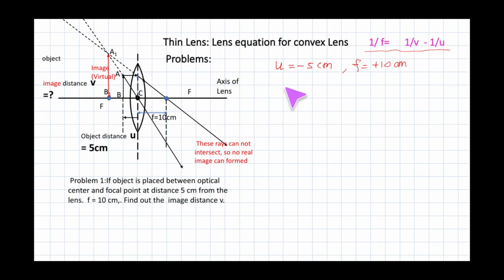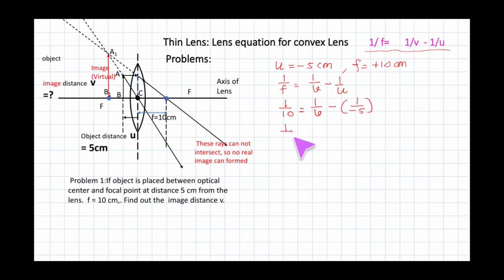So putting the values in the formula, that is 1 upon f is equal to 1 upon v minus 1 upon u. So we get 1 upon f, that is 1 upon 10, is equal to 1 upon v minus 1 upon minus 5. This is the object distance.